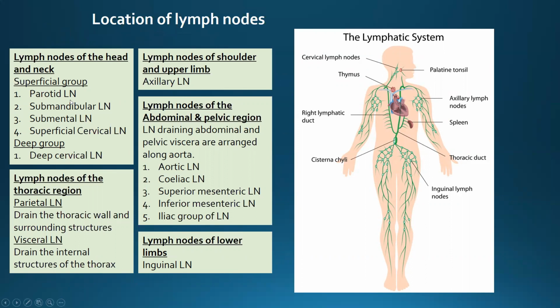Parotid lymph node; parotid means at the side of your cheek. Submandibular, below the mandible, and submental, below the chin area, and then the superficial cervical lymph nodes are at this area.